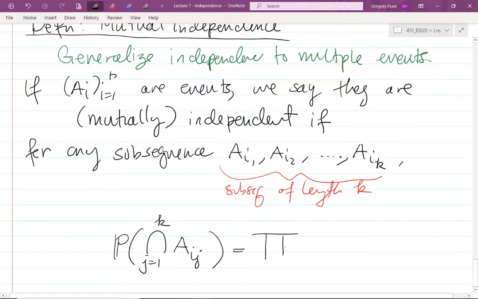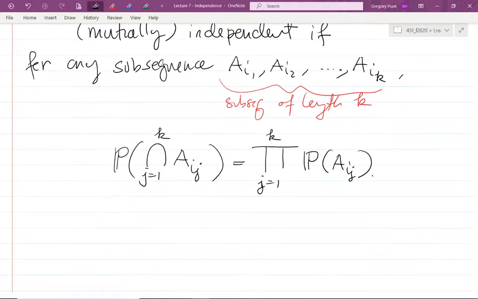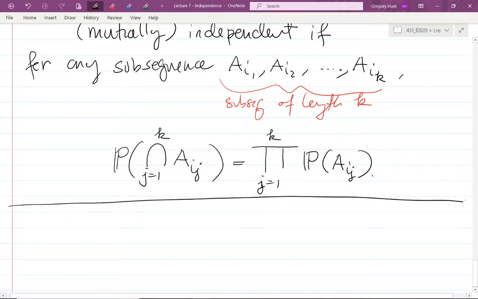This is the product, capital Pi for product, j goes 1 to k of the probabilities of these events, A sub i sub j, like that. Okay, so this is our definition of mutual independence. It generalizes independence from just two events to multiple events.